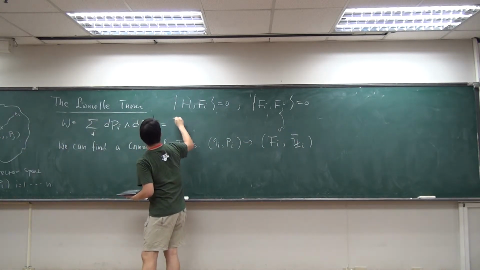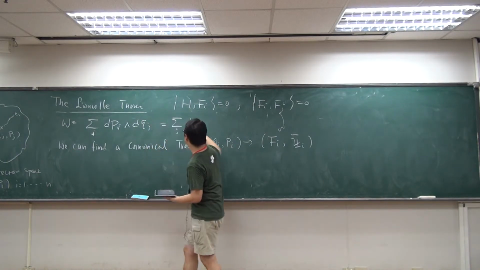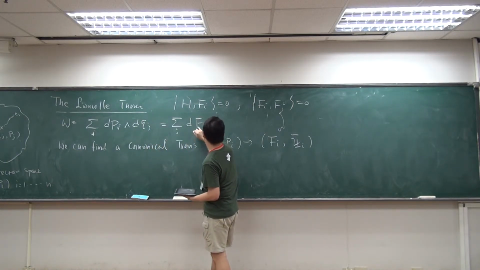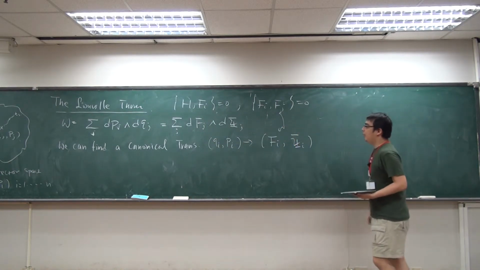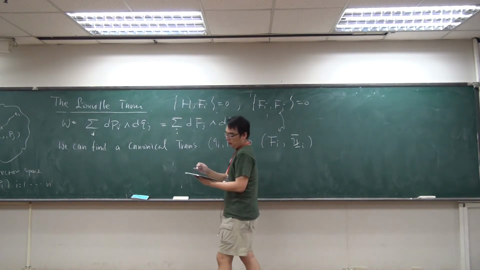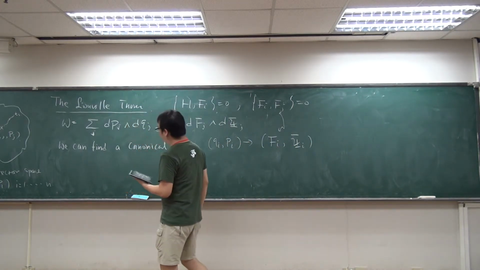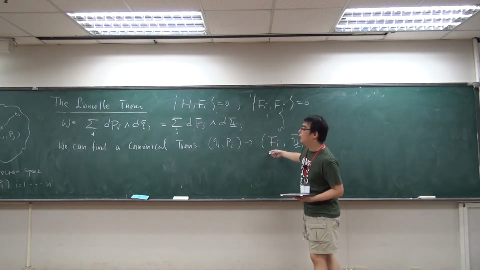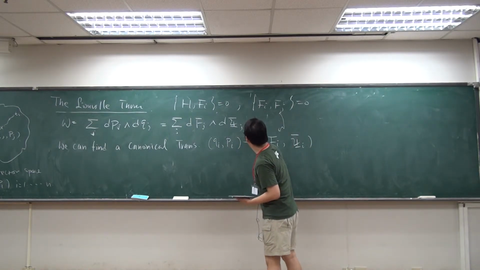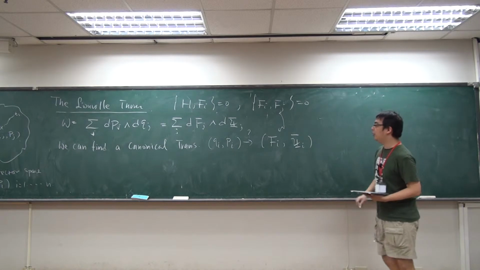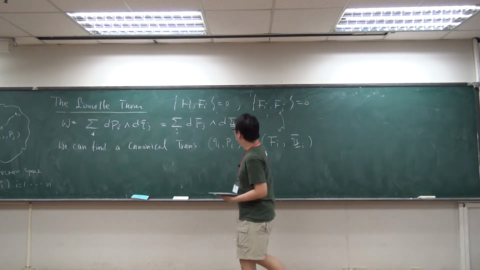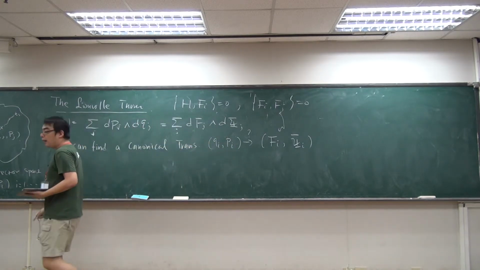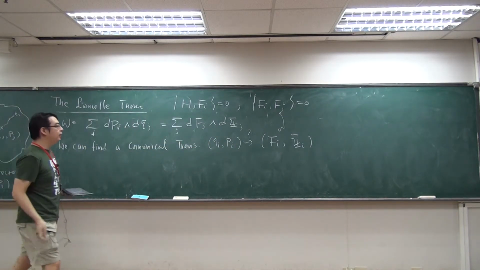To remain canonical, by definition, we can rewrite the form as dF wedge d psi. So what's the point of doing this? If you can find this canonical transformation, mapping your Q and P to here, think about the Hamiltonian equations for F and psi, and you realize it's that simple.